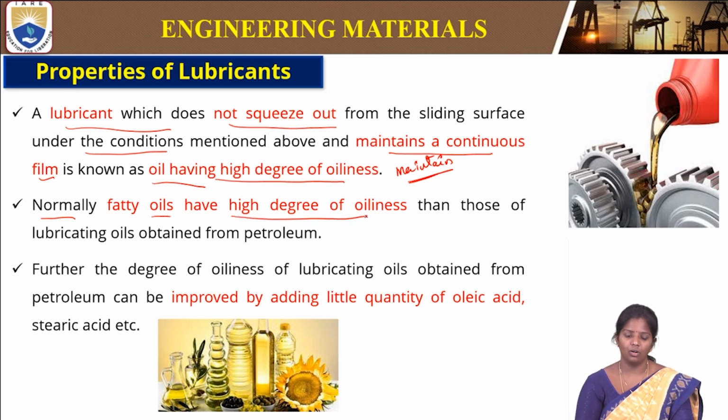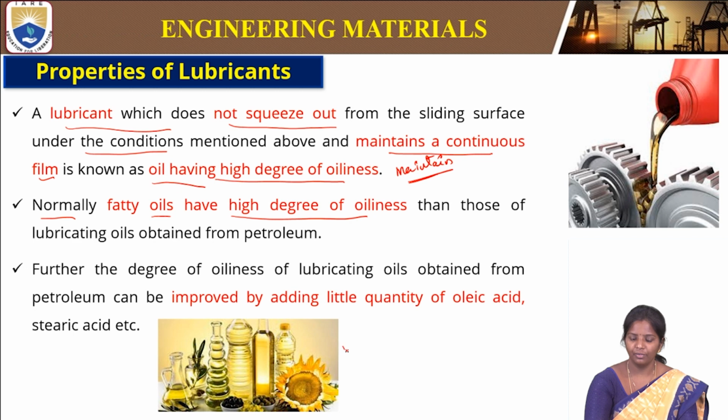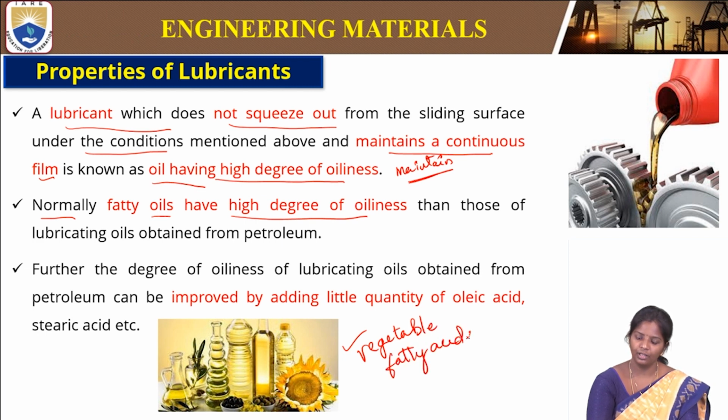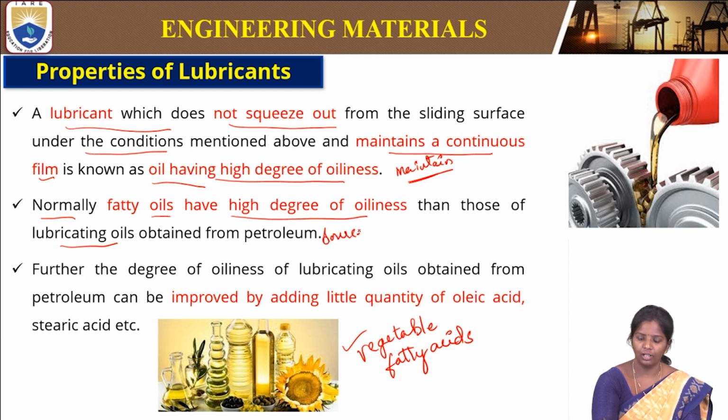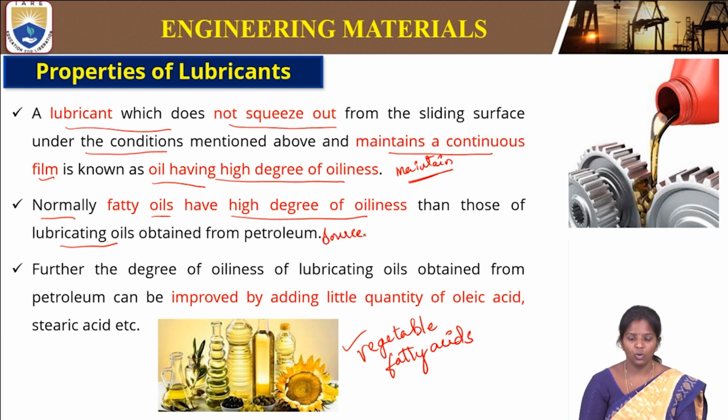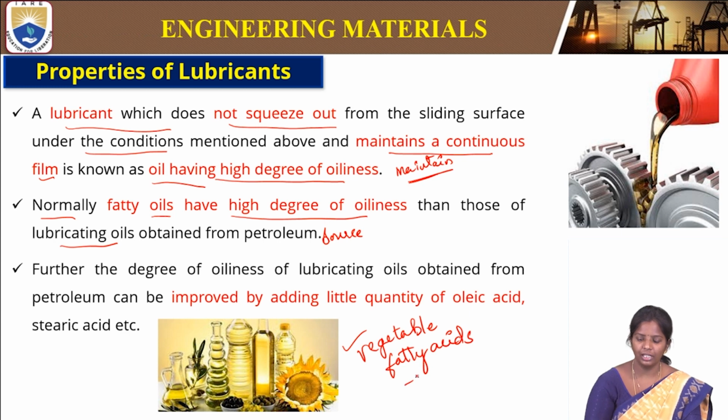Fatty oils are nothing but oils that come from a vegetable source. Vegetable source fatty oils have a higher degree of oiliness than lubricating oils from the petroleum source. So when we want to use petroleum source lubricating oils, we have to mix some fatty oils from a vegetable source.